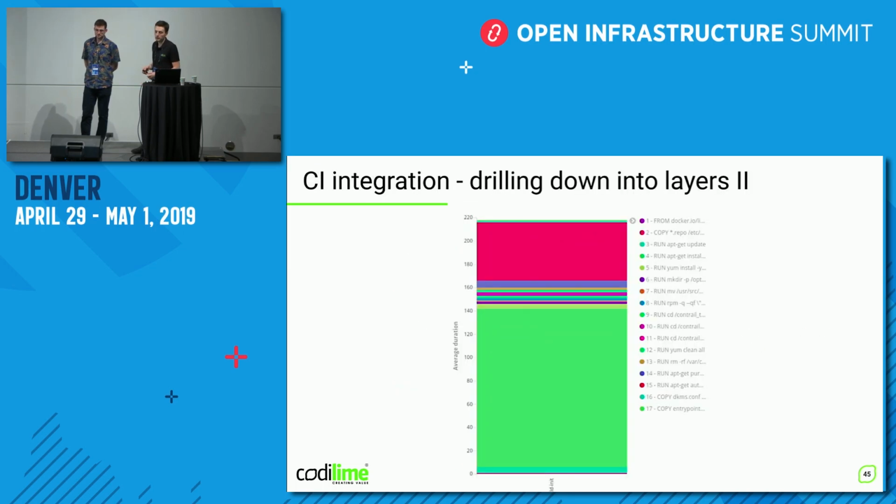And right now we have a layer drill down a level deeper, and we can see that there are 2 layers that are the cause of the whole build time. And apparently the longest layer is an installation of Ubuntu packages.